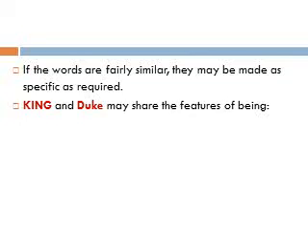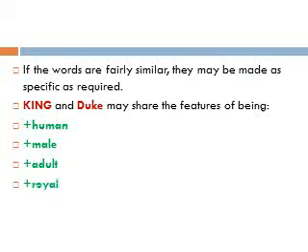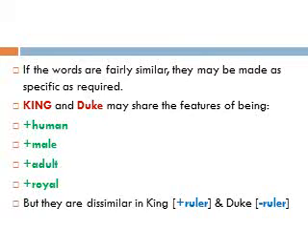So we have king and duke. They may share the features of being plus human, plus male, plus adult, plus royal. But there is only one semantic feature that will distinguish between these two nouns, which are plus ruler and minus ruler.